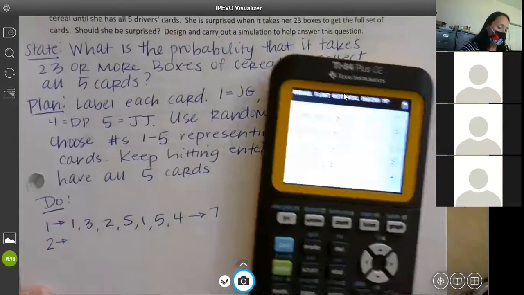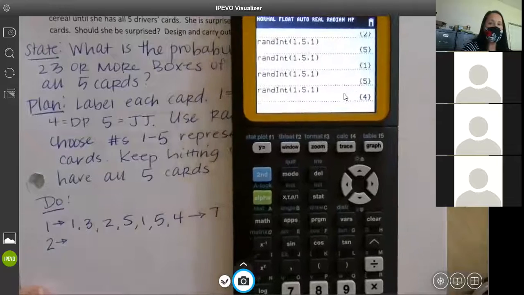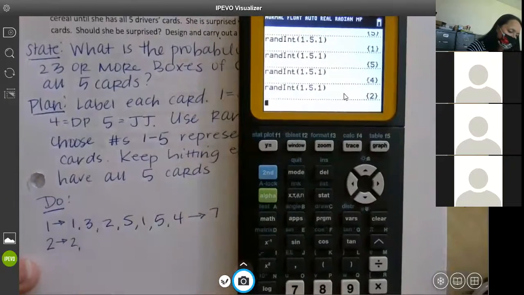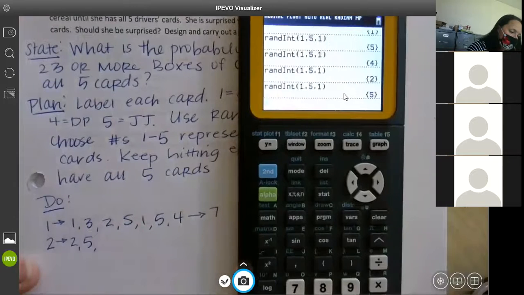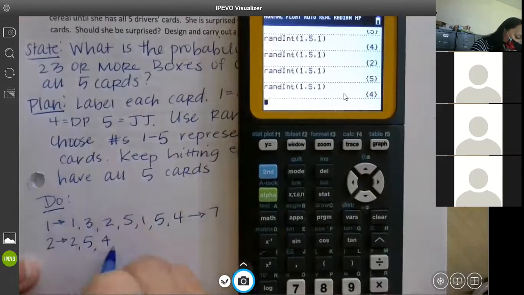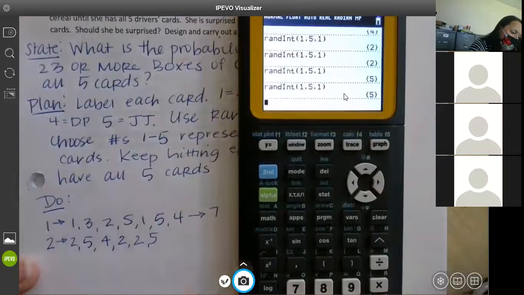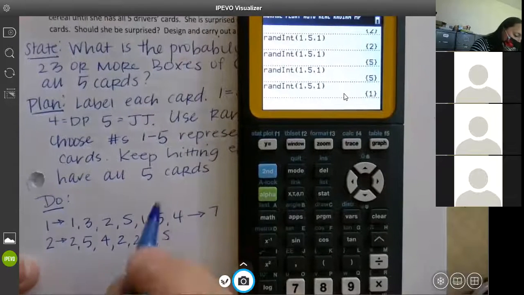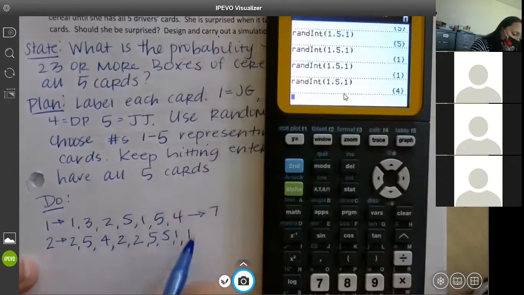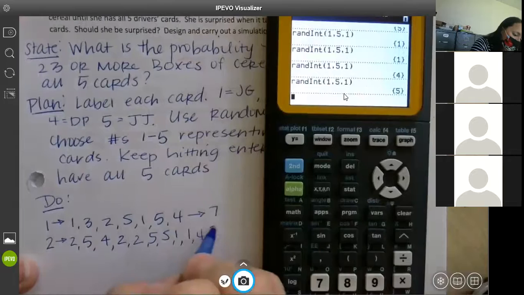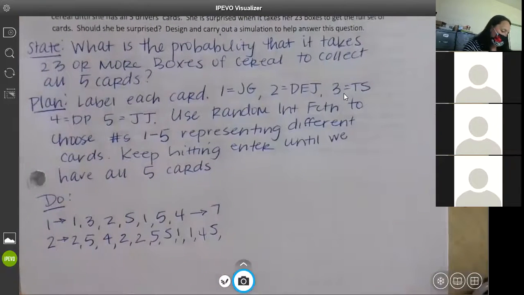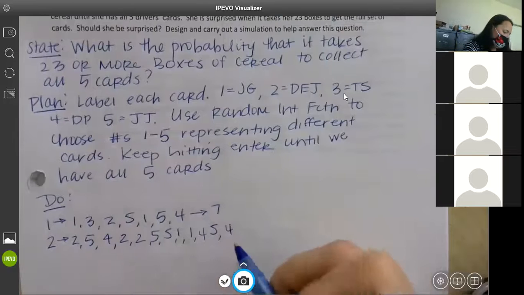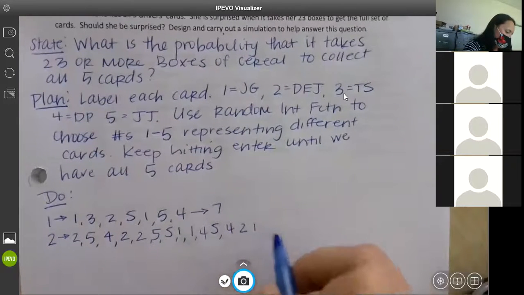All right, so if we do this again, we're going to hit enter. We got 2, 5, 4, 2, 2, 5, 5, 1. I'm just looking for 3 now. 4, 5, 4, 2, 1.